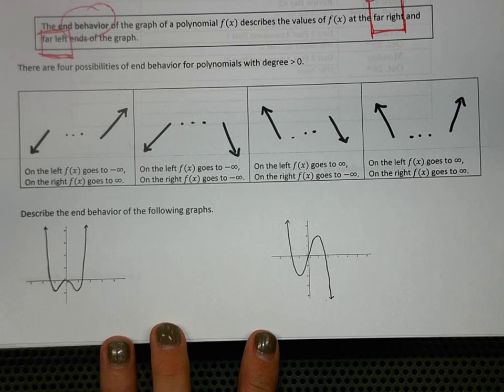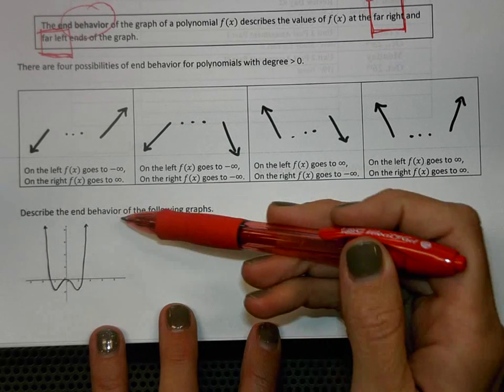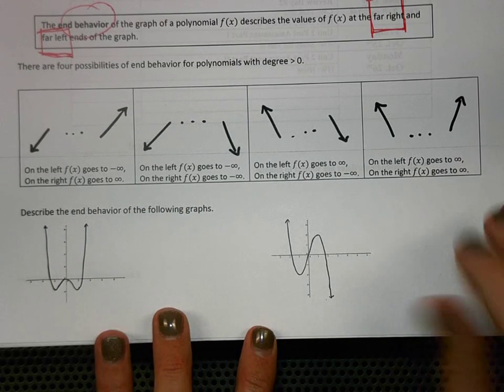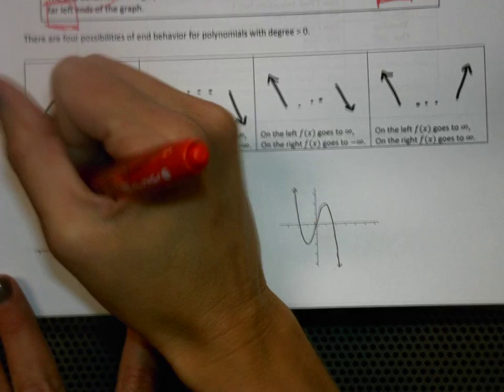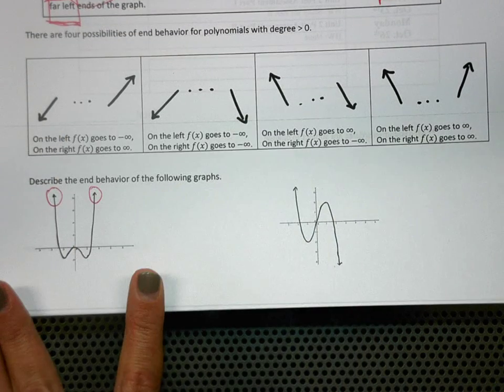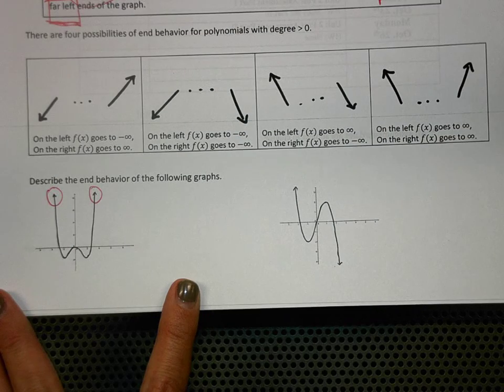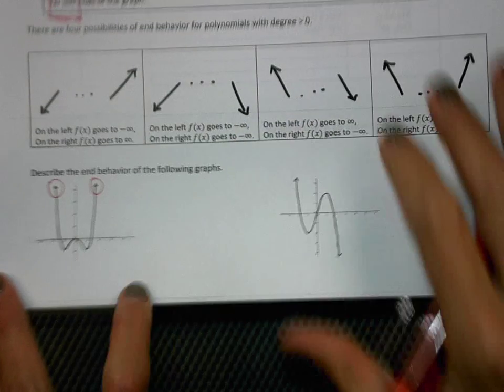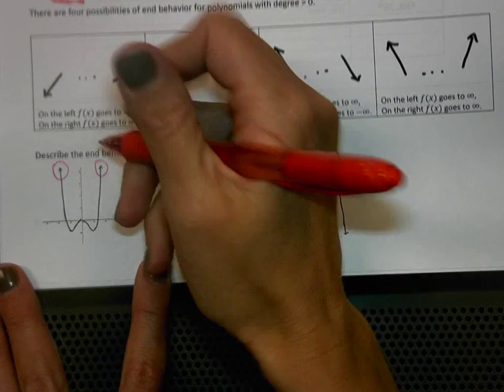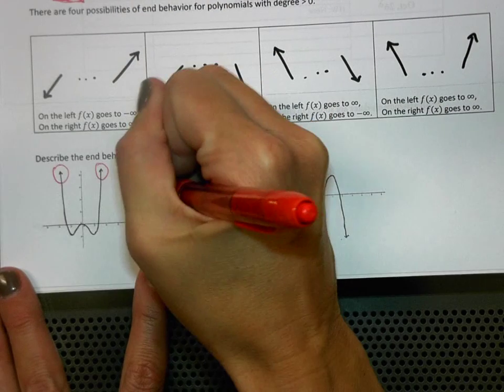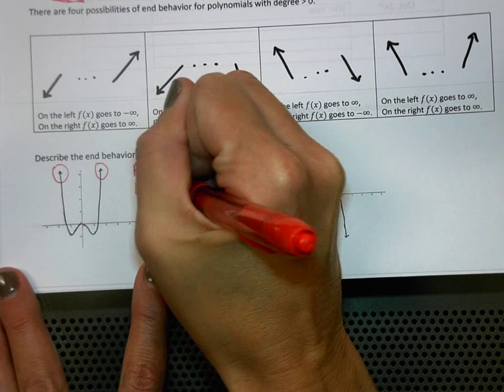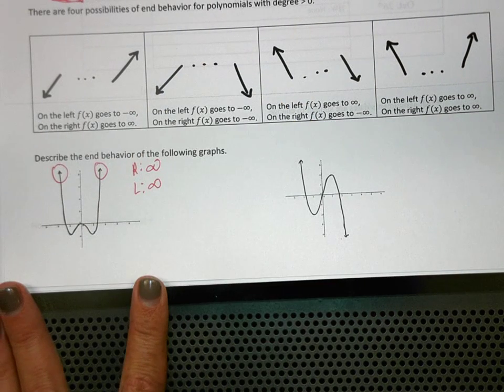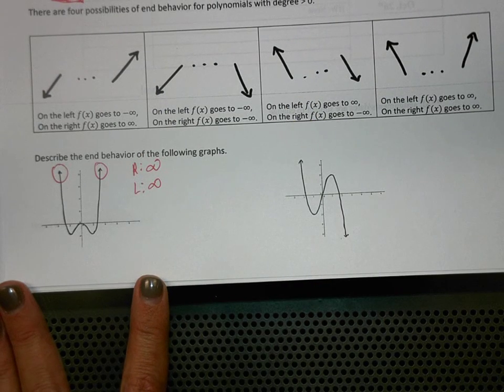Correct? Okay. So this says describe the end behavior of the following graphs. First of all, what do we notice about both of these end behaviors? Okay, good. They are both going to positive infinity. And right here, I'm going to write right and left, and we're going to do just the positive infinity. Now we're going to write it in a sentence. Since they are both going the same direction, I can write the right and left together.